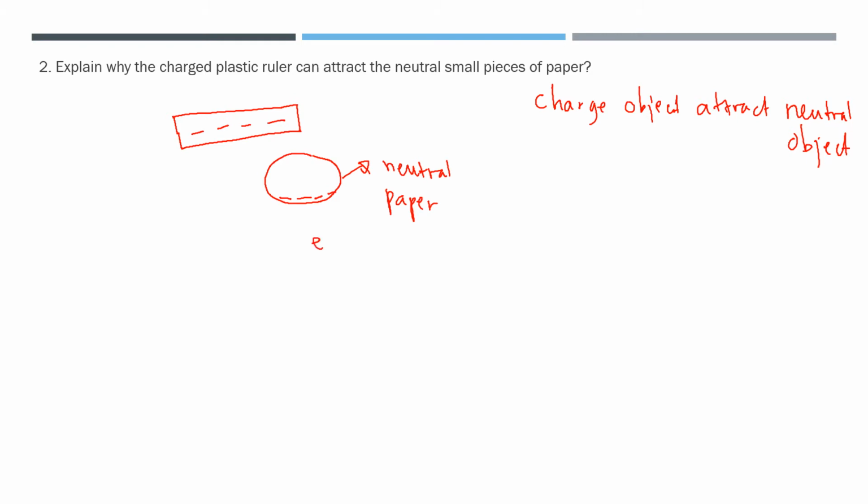The electrons move, the protons cannot move, so the protons stay on one side, but the electrons are repelled to the furthest side. This is called the atom being distorted, or some books call this polarization.